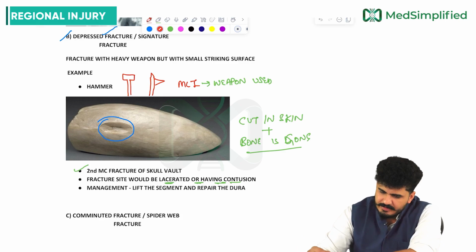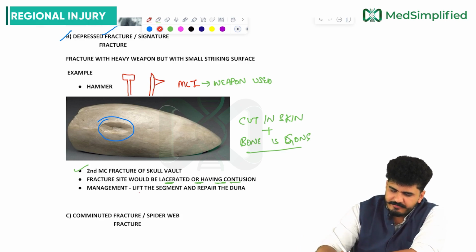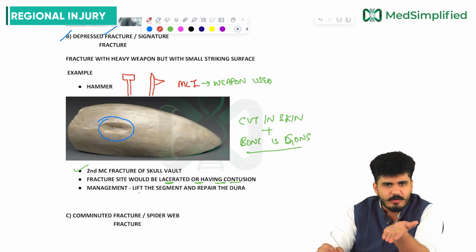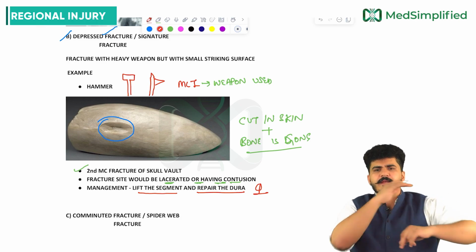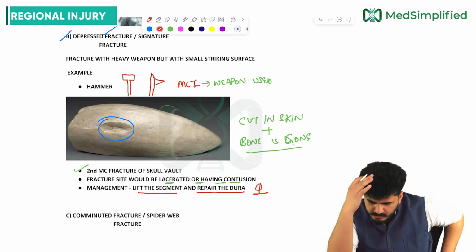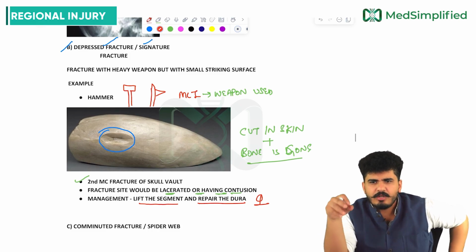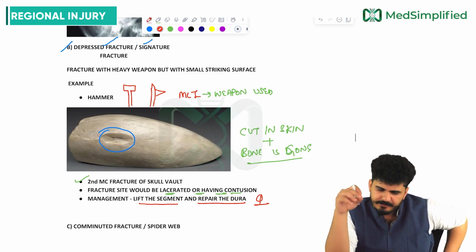Management: lift the segment. You have to lift whatever part is depressed, lift the segment and repair the dura mater. This is all about the depressed fracture.